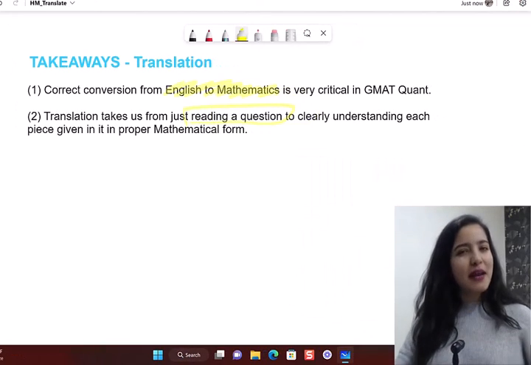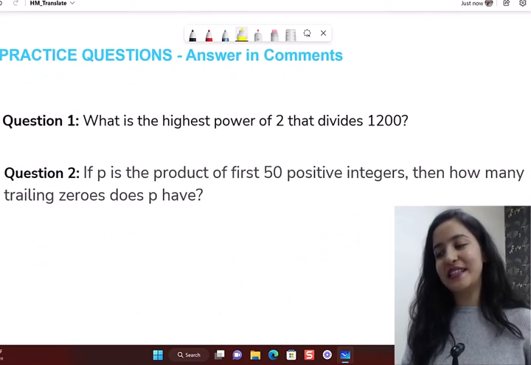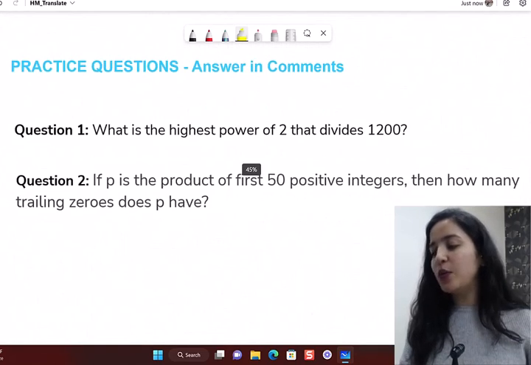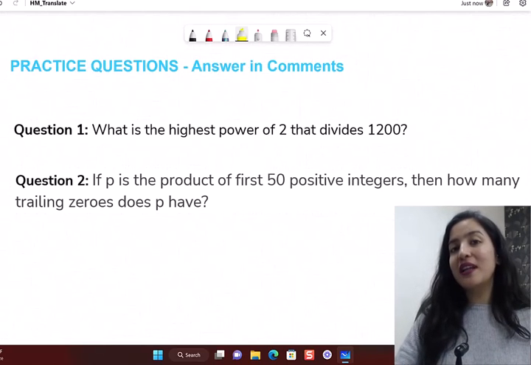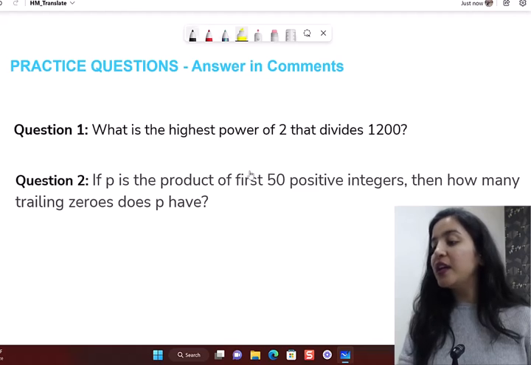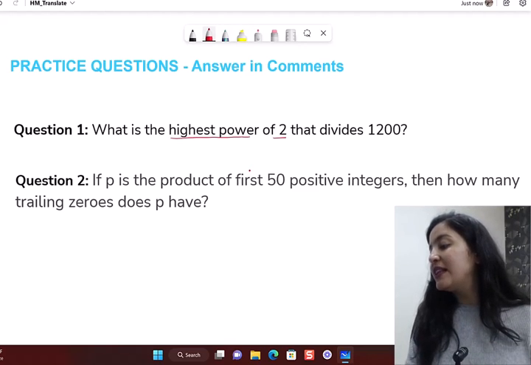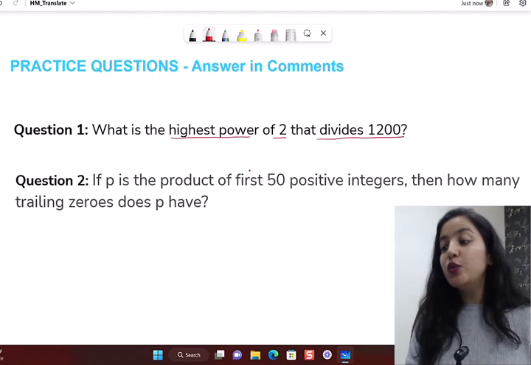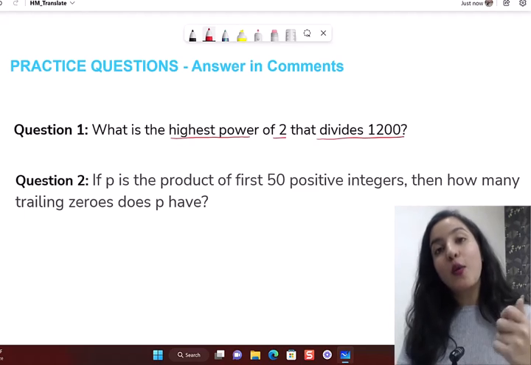Now, to help you cement all of the learnings today, here is a practice assignment for you. I don't want you to solve this question, remember. My goal is just to make sure that you understand the question itself, that you can translate it. For example, the first one says, what is the highest power of 2 that divides 1200? Do not give me the highest power as the answer. Answer in the comments: what are you going to give me?